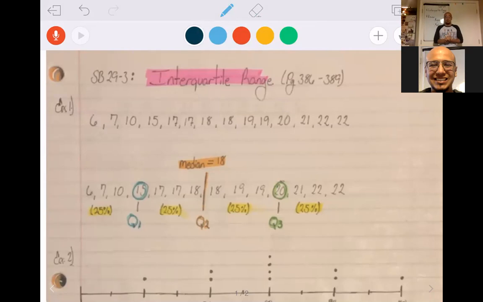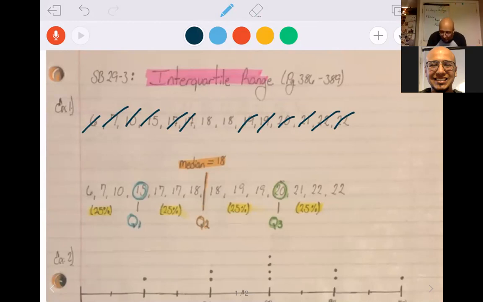One of the ways that we learn how to do this is to simply pair the numbers. For example, I can pair 6 and 22, so those are gone. 7 and 22, 10 and 21, 15 and 20, 17 and 19. And again, ladies and gentlemen, this only works if you have already organized these from least to greatest.